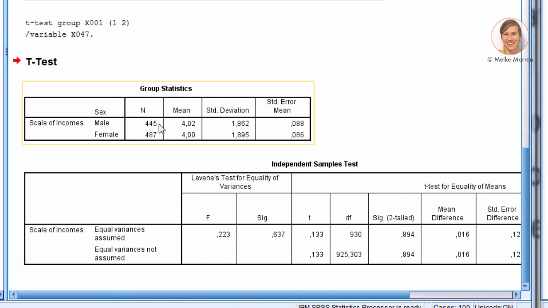So the males, there are 445 males, 487 women, and the means are 4.02 and 4.00. So you can already see they lie very closely together.